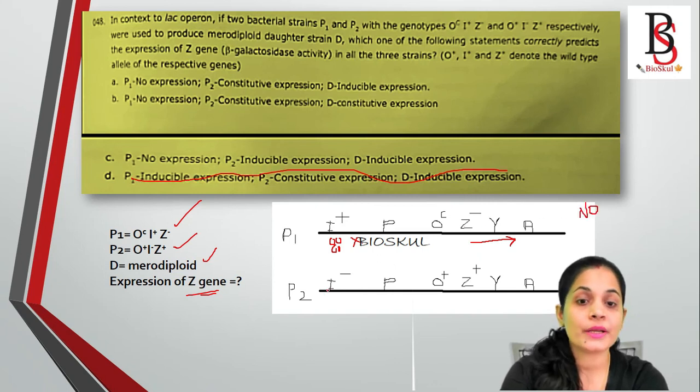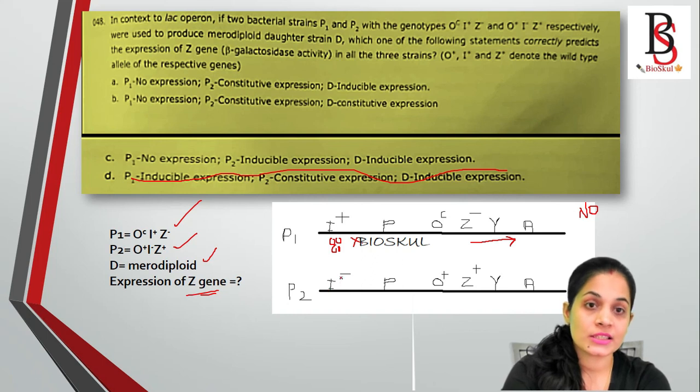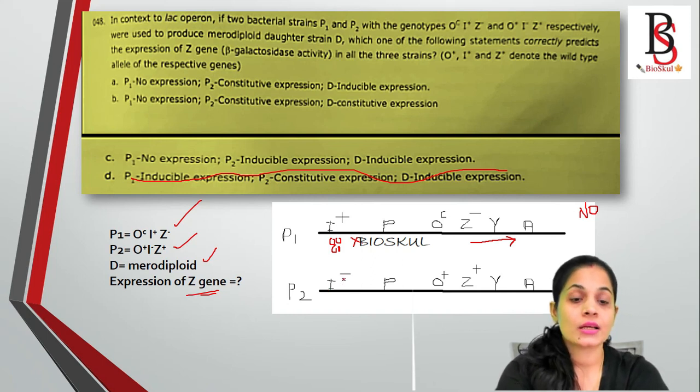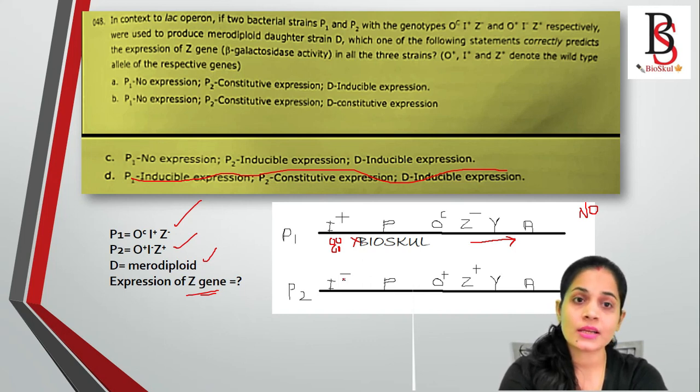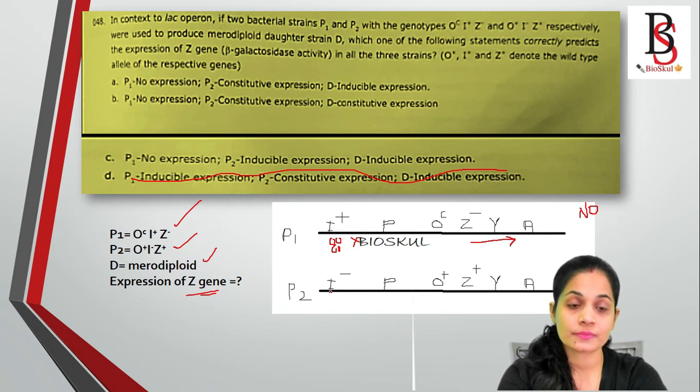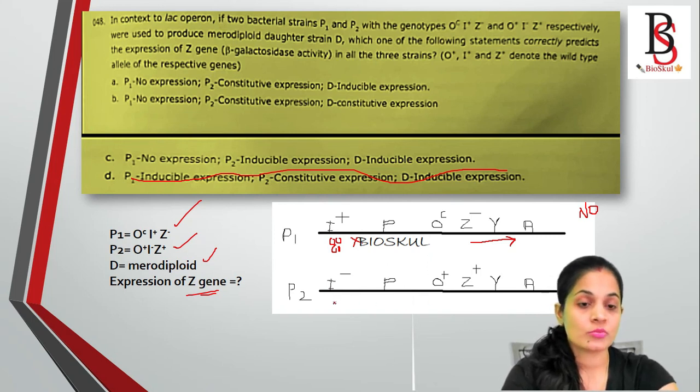Let's move to the P2 strain. Here you can see the P2 strain is I minus. I minus means the repressor gene is mutated. If it is mutated, then it will produce a mutant repressor, and the mutant repressor cannot bind to the operator region.